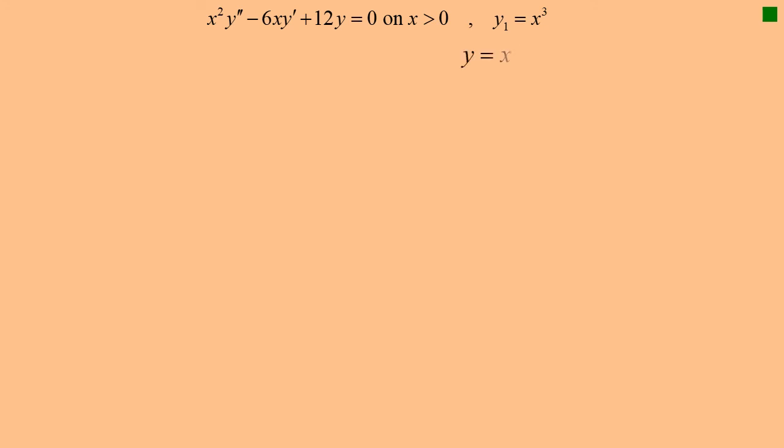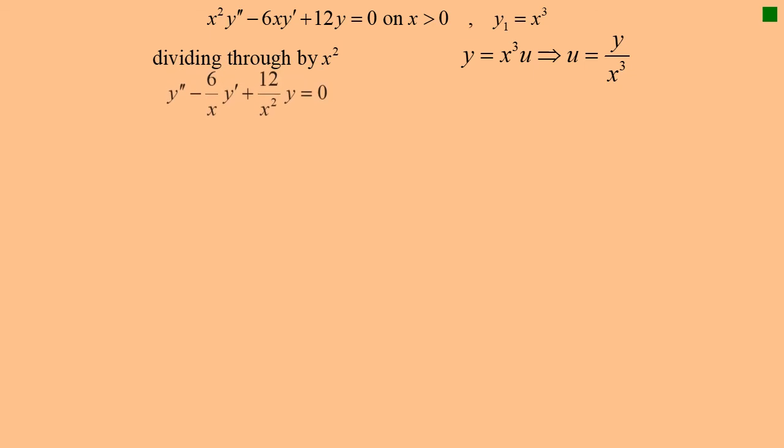So what we'll do is we'll still be doing the substitution. y equals y1 times u, in this case y1 being the x cubed. So u is equal to y over x to the third. Then we'll divide our original equation through, in this case, by x squared, and just recognize what our y1 prime and p are.